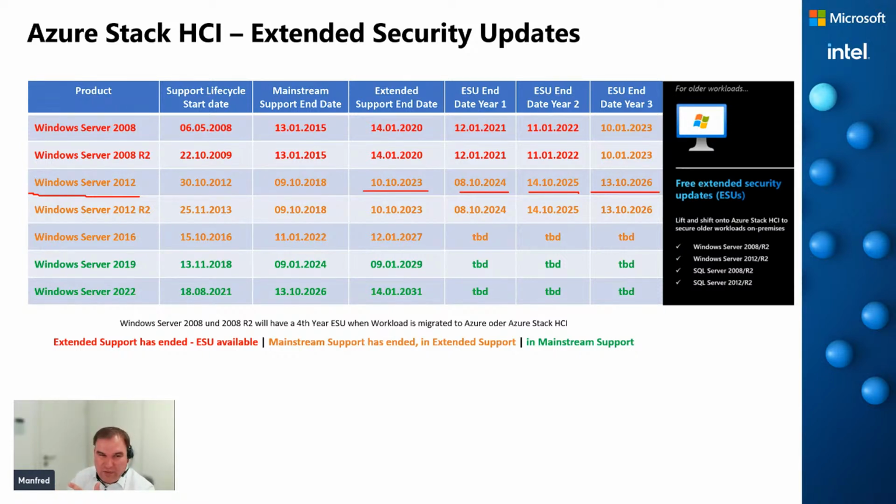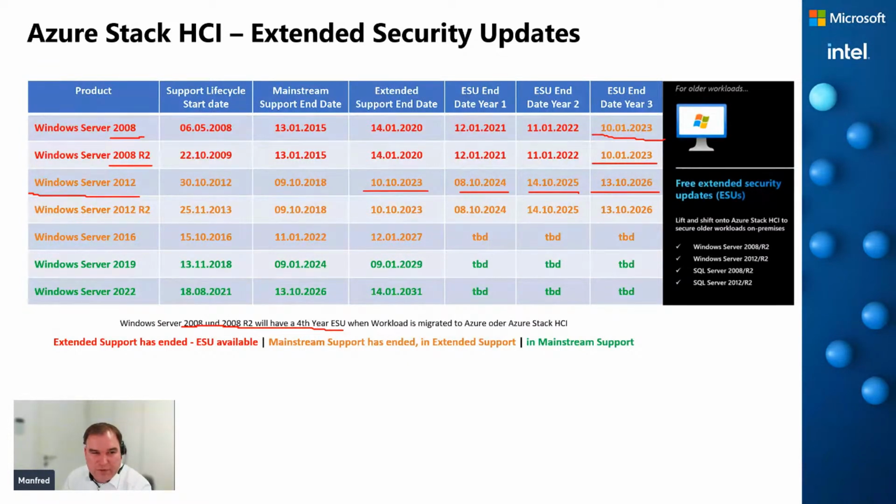We also receive the extended security updates for Windows Server 2008 and 2008 R2, not only till 2023, but we have an additional year. So we will receive the extended security updates till 2024 for Windows Server 2008 and 2008 R2.